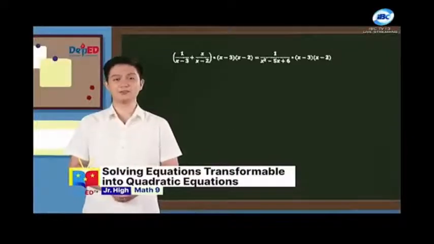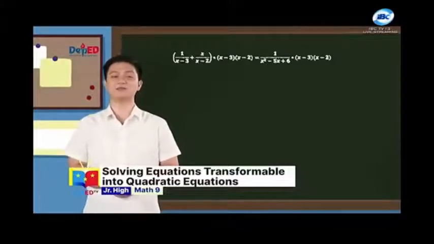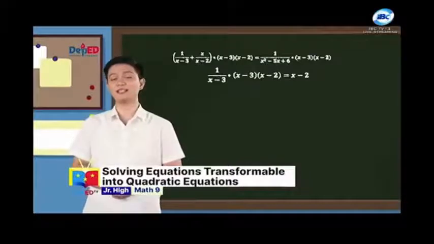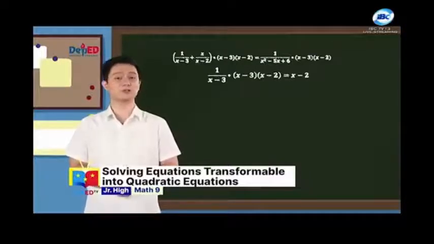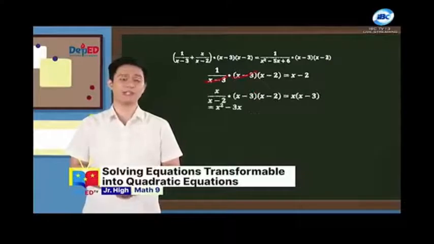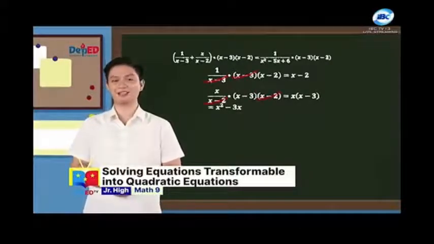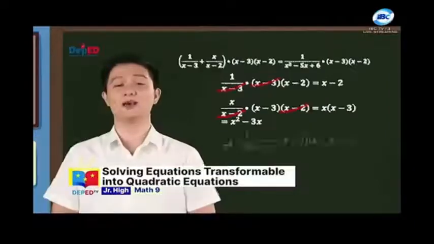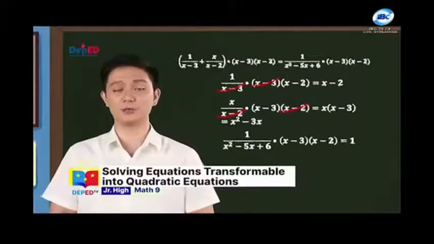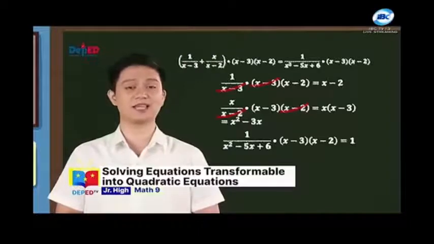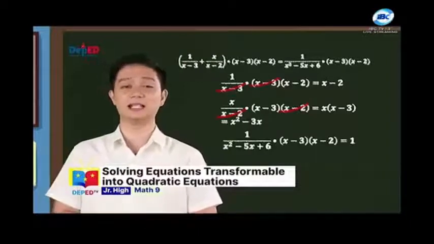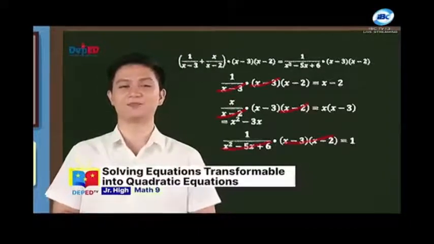Step 2. Multiply both sides of the equation by the LCD. 1 over x minus 3 times the LCD is equal to x minus 2. X over x minus 2 times the LCD is equal to x squared minus 3x. 1 over the trinomial x squared minus 5x plus 6 times the LCD is equal to 1.